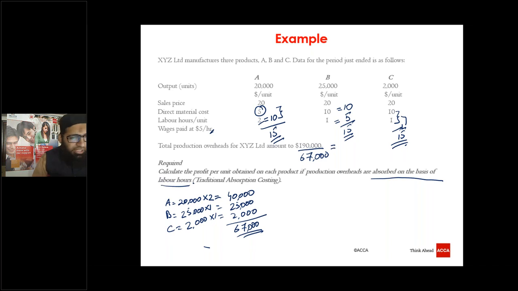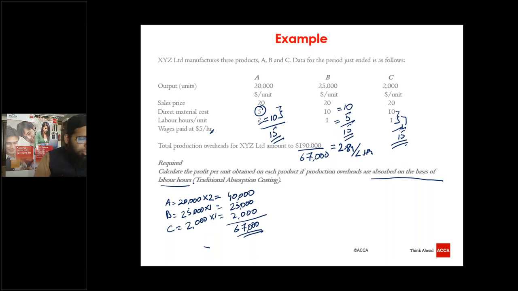So what is the answer? Can anybody calculate it? Anybody? $2.8358. So I will round it off to 2 decimal places, and that will be 2.84. But this is per labor hour. Now I will charge to the product. So A requires 2 hours.